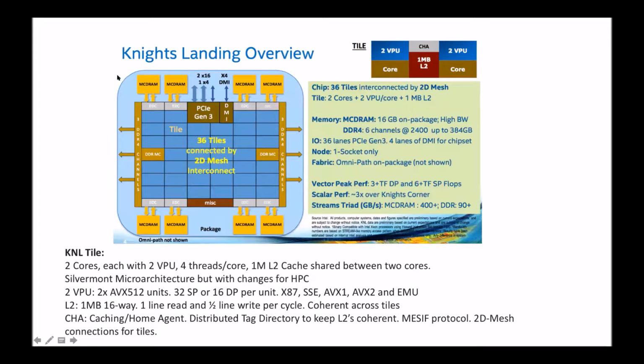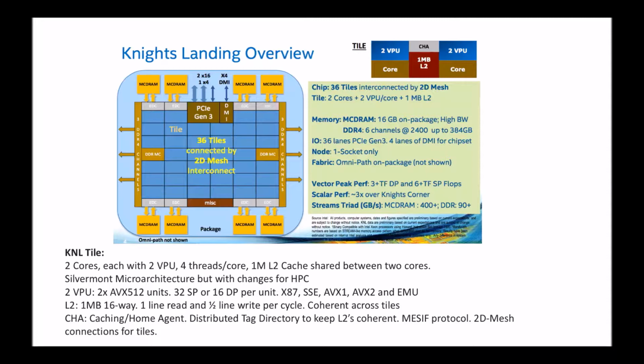So if we look a little closer at the Knight's Landing node, you can see these 36 tiles. They're connected by a 2D mesh interconnect. And each tile, as I mentioned, has 2 cores, and each core has 2 vector processing units with 4 threads per core.